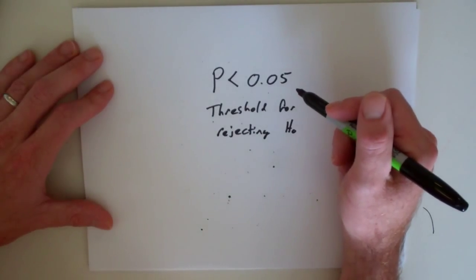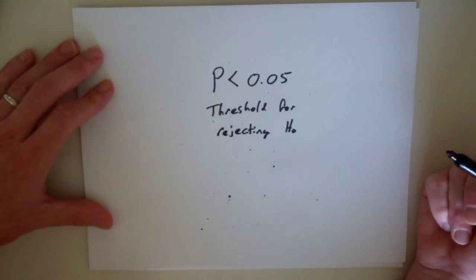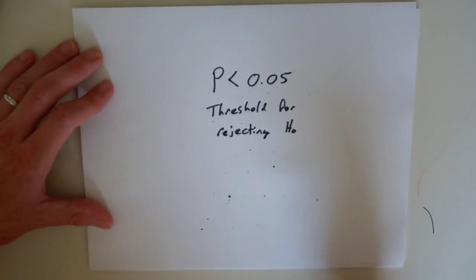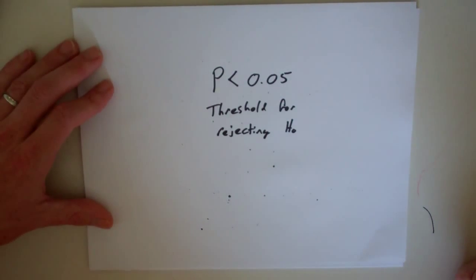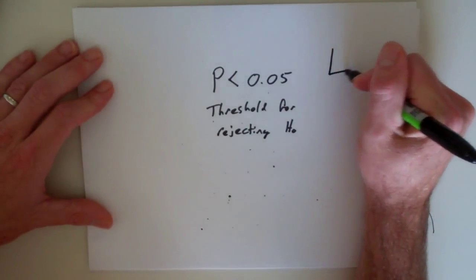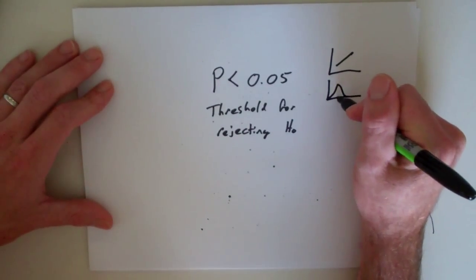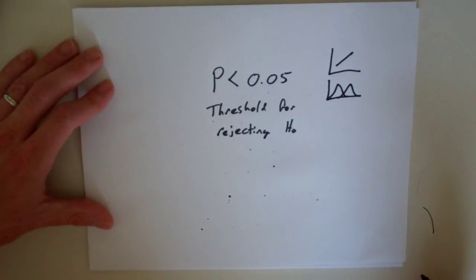So this is, there's a 5% probability that the null hypothesis is true. Alternatively, there's a 95% probability that the null hypothesis is false. That is, that there is a 95% probability that either there is some relationship between two variables or groups tend to be different rather than the same.